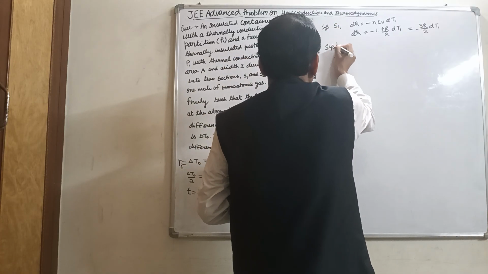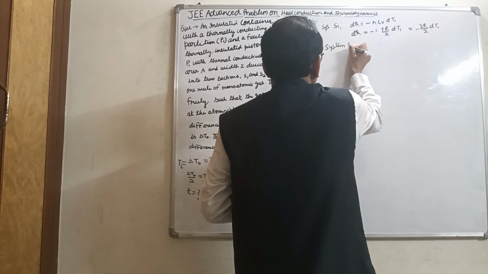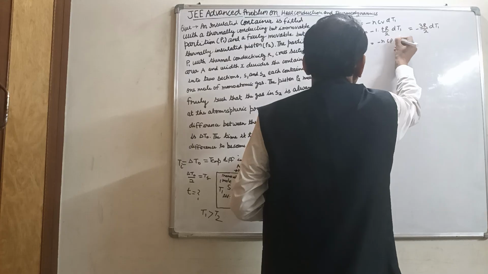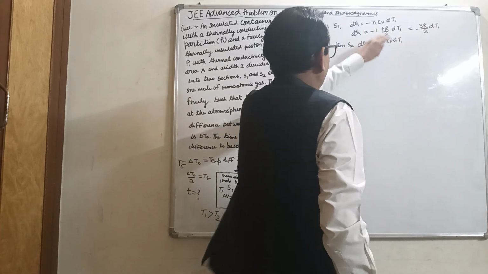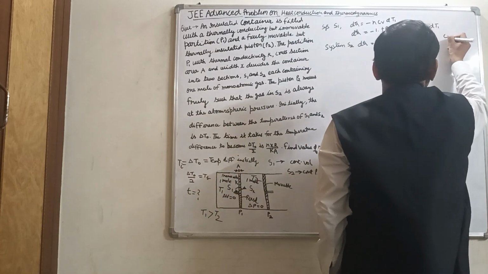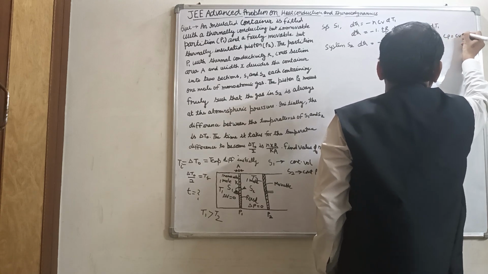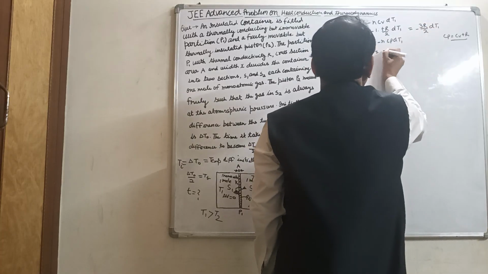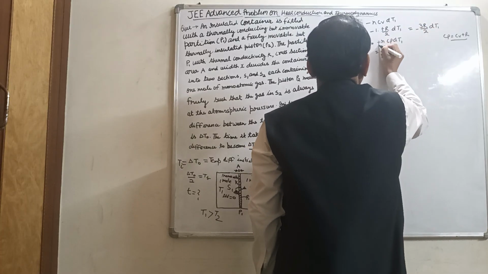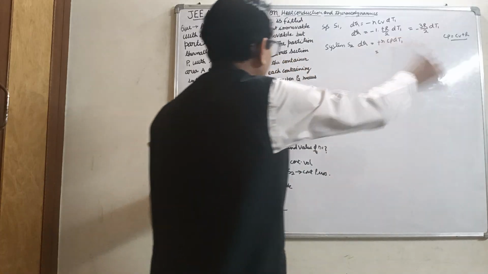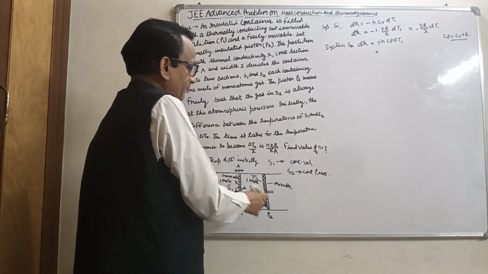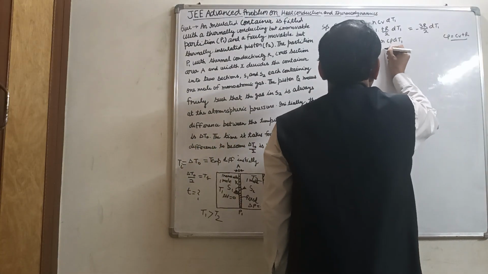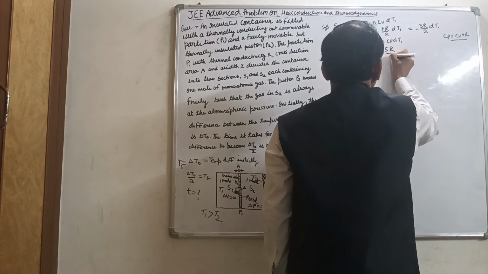For system S2, dQ would be minus nCp dT1, where Cp is Cv plus R. This is Mayer's formula. This would be positive, because heat is supplied to the system, the system absorbs the heat. So this would be 5R/2 dT1.